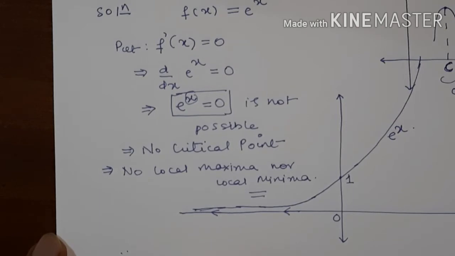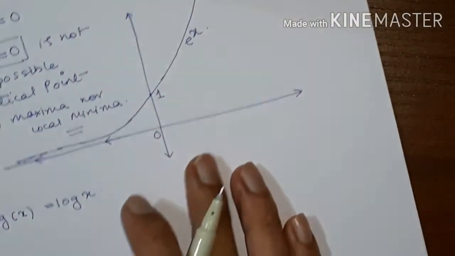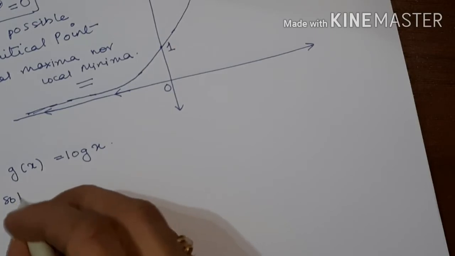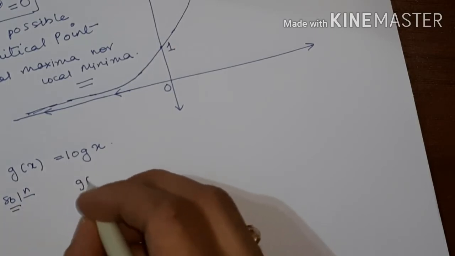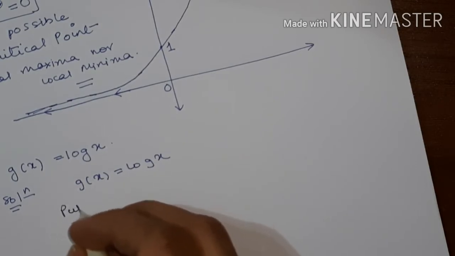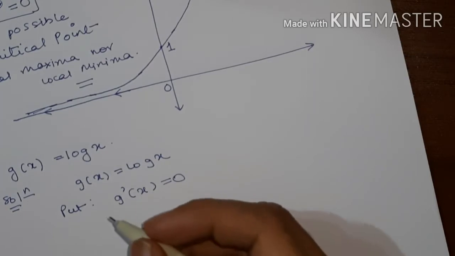Okay, so now let us go to the second. The second is g(x) equal to log x. So you have this function. Now what you will do: you are given the function log x, so put g prime of x equal to 0.